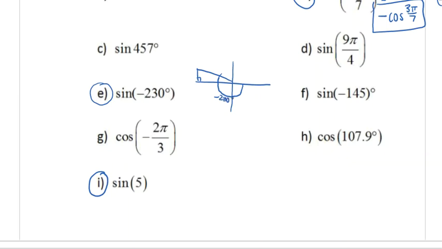This is bigger than a line, so I'm going to do 230 minus 180, which comes out as 50 degrees. Now, in this quadrant, my x is negative and my y is positive, so my cosine would be negative and my sine would be positive. I'm looking for sine, so we're going to say that this is the same as positive. Notice I'm not writing a sign in front of it because it's positive sine of 50 degrees.